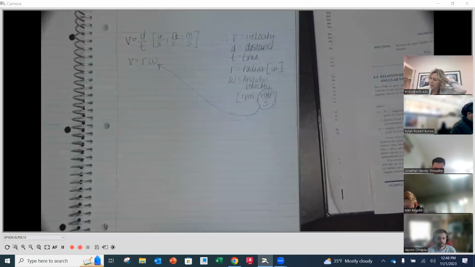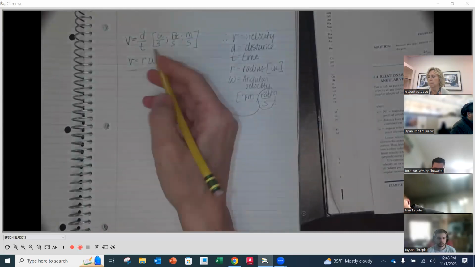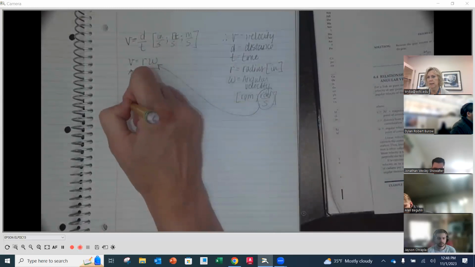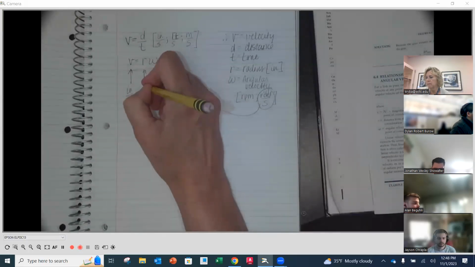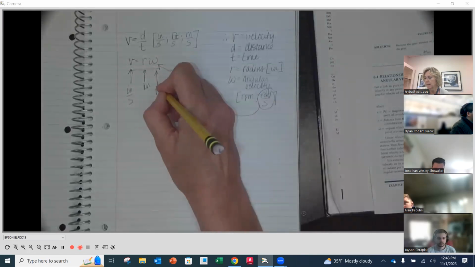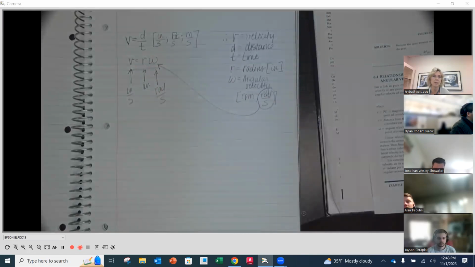So in and out of this equation, this has to be in, I'm going to use inches per second. That would mean that my radius has to be in inches. And that would mean that my W has to be in radians per second. And if I'm solving for W out of this equation, rearranging and solving for it, it's going to be radians per second out of there as well.